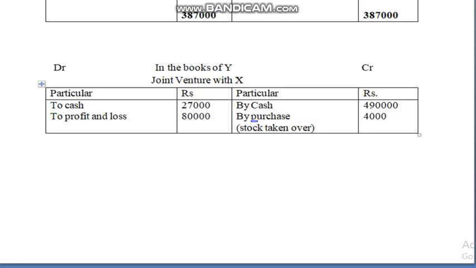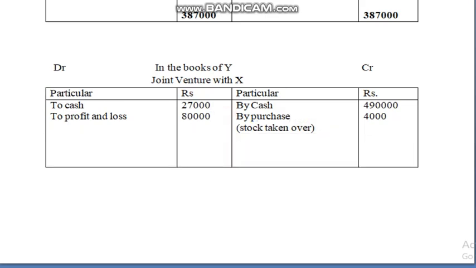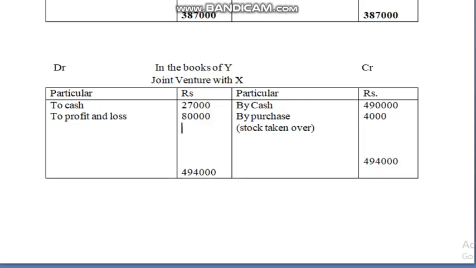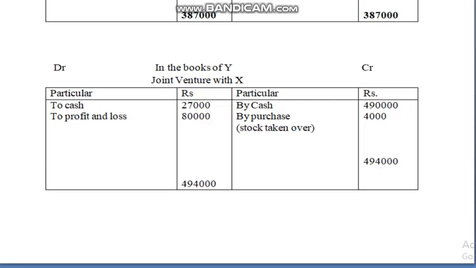So here Mr. Y account is over. So make balance of Mr. Y account. So 4,90,000 plus 4,000, 4,94,000 on both the side. The balance figure will be 3,87,000.